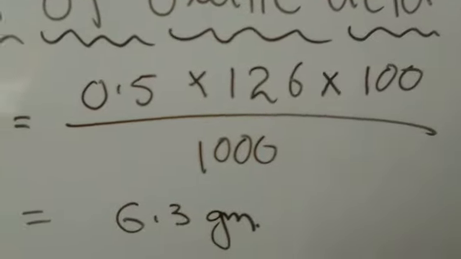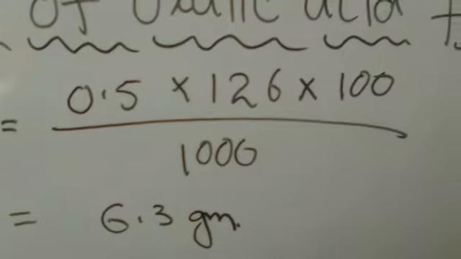And the last is volume. Volume value is 1000 ml. Now we are dividing; the volume of liquid is 100 ml. Now we divide the whole value by 1000.